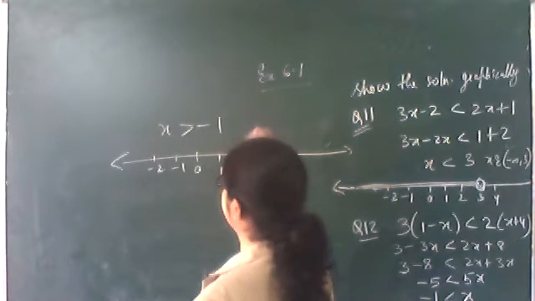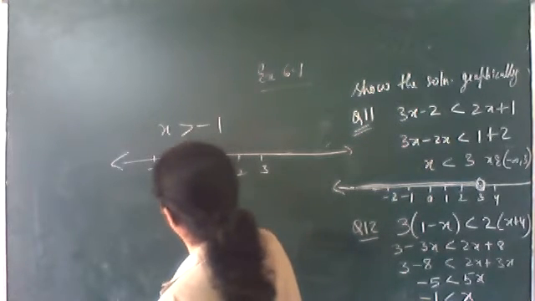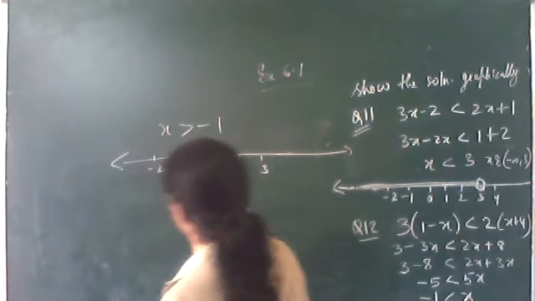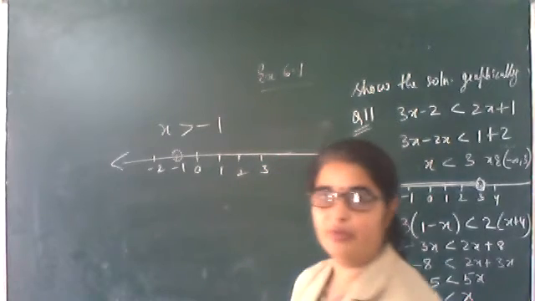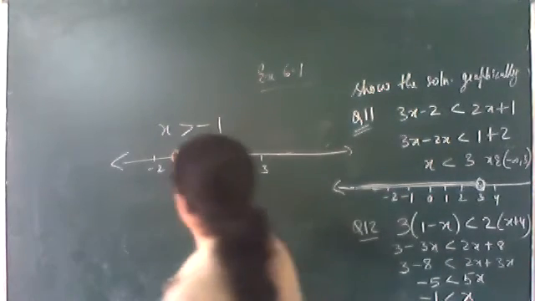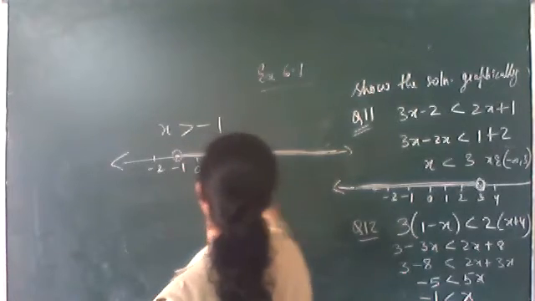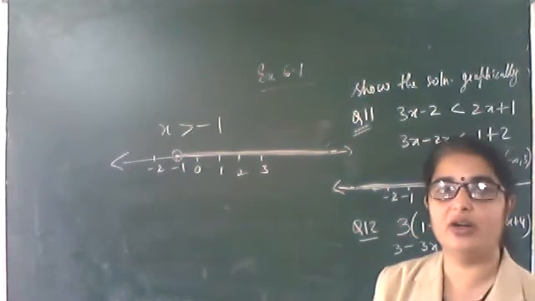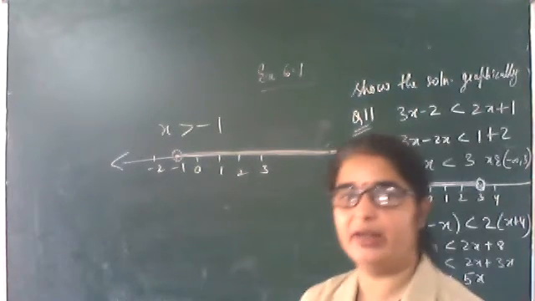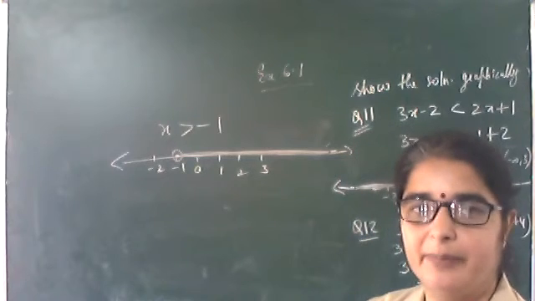So x is greater than minus 1, greater than minus 1. Again, the equal to symbol is not there, so we will have a hollow circle and darken this part with some other color pencil. Is that clear or not? Please speak up if it is clear or not, how to represent it.